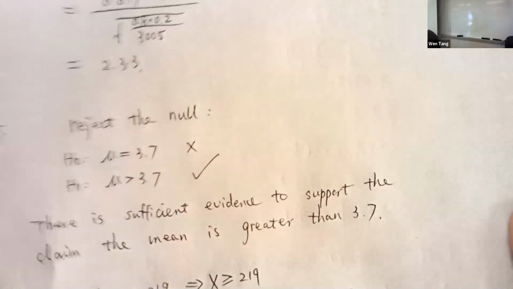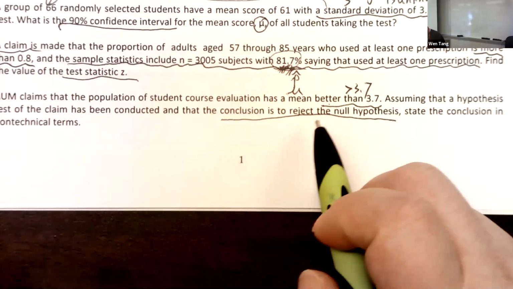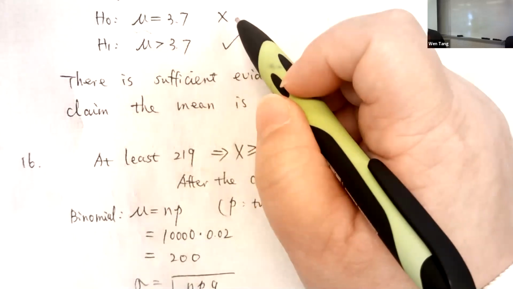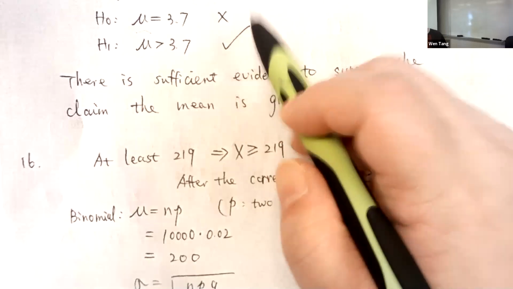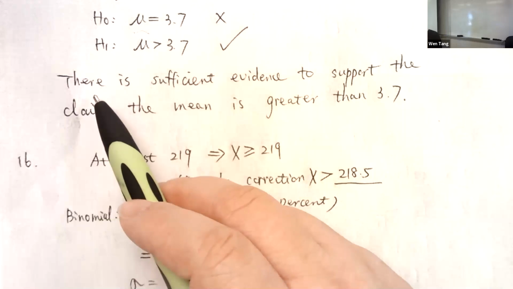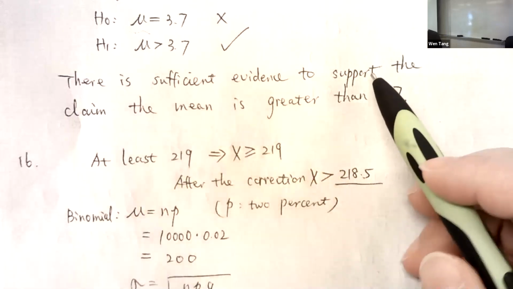So by this step, we have our null and alternative. And we already know the conclusion is reject null, so we rejected it, right? So it means we will take this. This is our non-technical conclusion: there is sufficient evidence to support the claim.